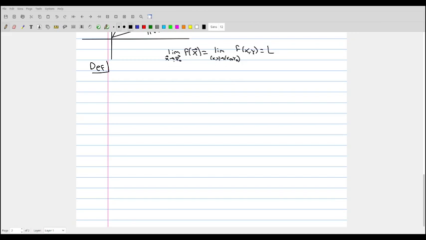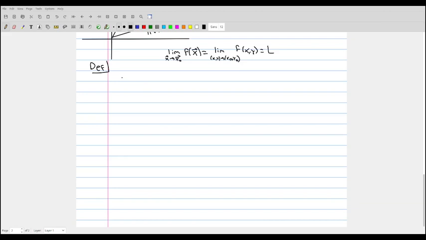But this expression is general. It could apply to a function of 3 variables or 4 variables, and all of the limit definition also extends, which is a neat idea.